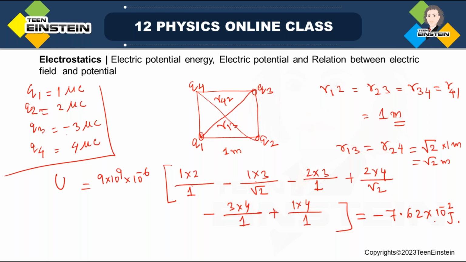This will be the answer for this system, like potential energy for this system. So this is how we have to take it for many particles. We have to take all the terms one by one, and patiently write down the terms so that you don't forget or leave out any pair. So this is the answer for this particular question.